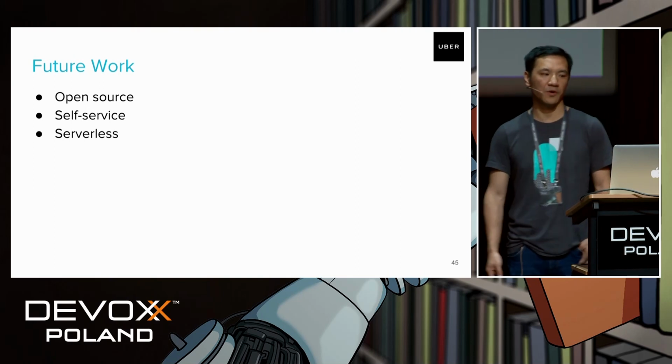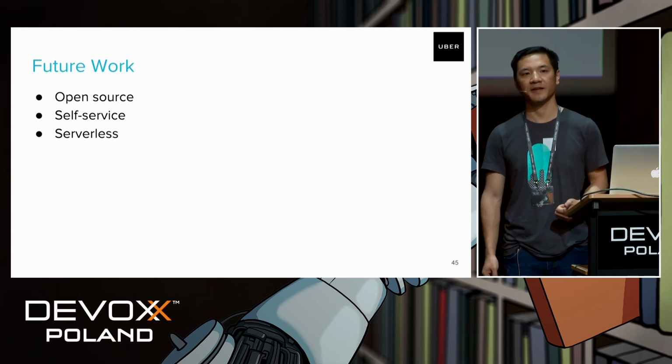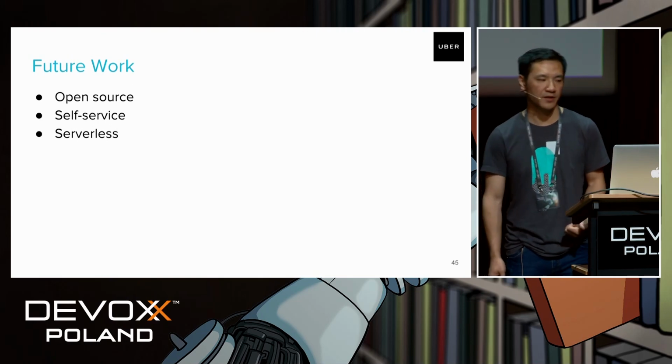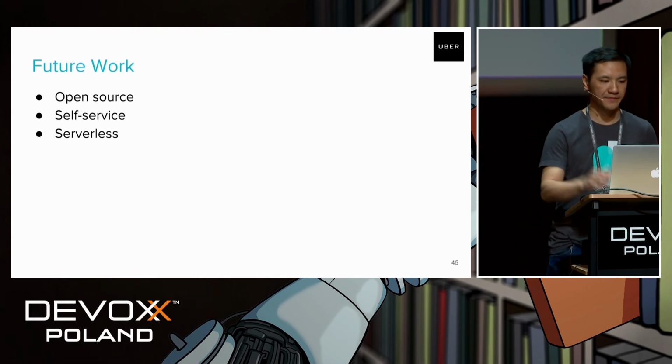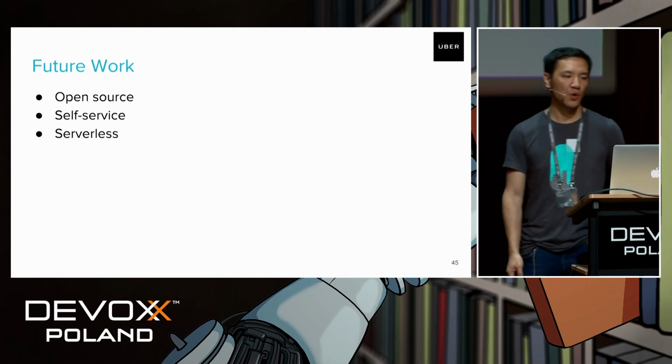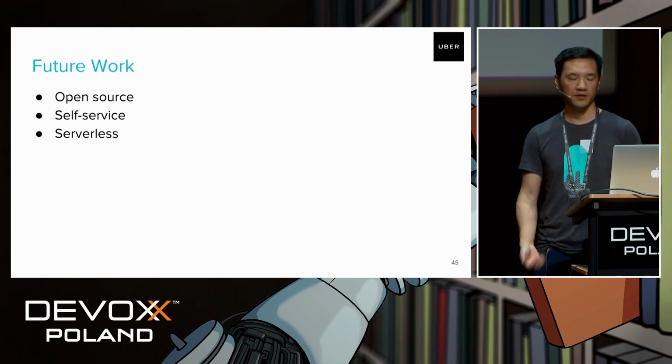So it means for the developers, the only thing they need to do is write a handler, and that's it. It's very, very simple. And that's also something we are actively working on to support our internal users.